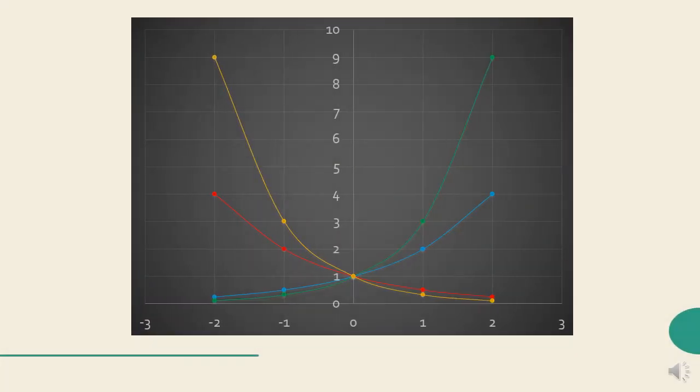Moving to the graph, if you didn't graph it on Desmos, that's okay. This is kind of what it would look like if you graphed. And definitely copy those down. And once you have those copied down, we're going to write some summary things about these.